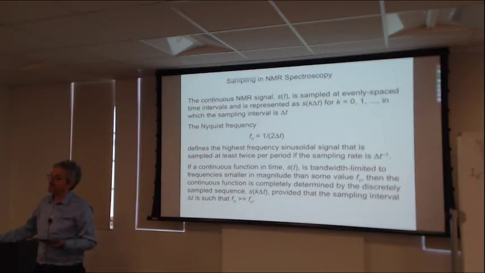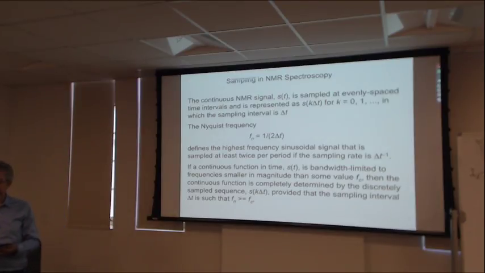The indirect dimension matters, and that's because the spectral width is set by 1 over the increment time, but resolution is set by 1 over the maximum sample time, not the increment.